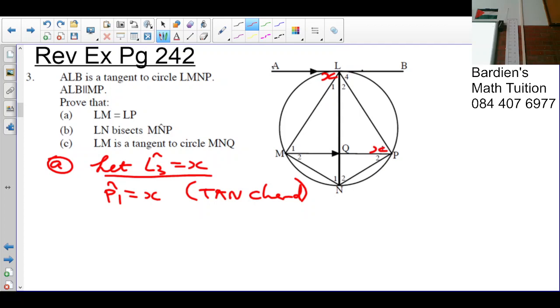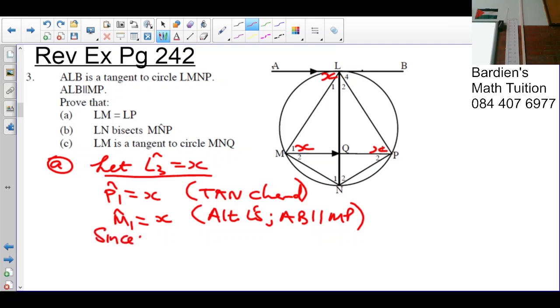Okay. What else do we know? We know that M1 is equal to angle L3, which is equal to x. We see these alternate angles here, with AB being parallel to MP. So there's an x there. Now we state the obvious.